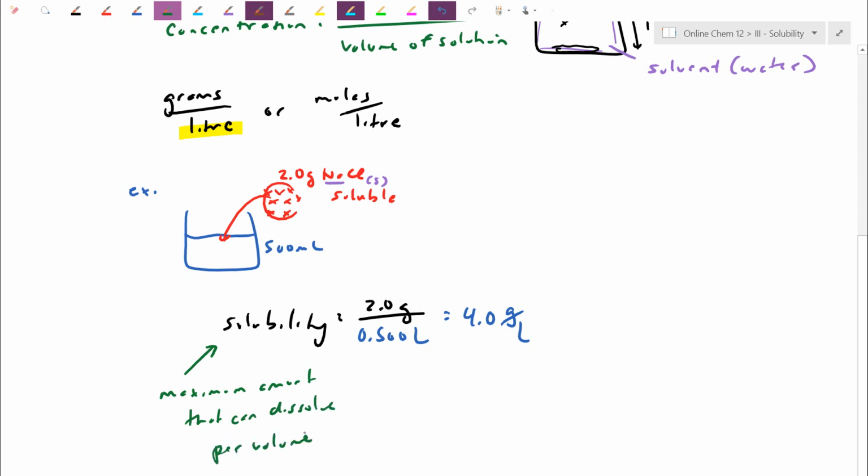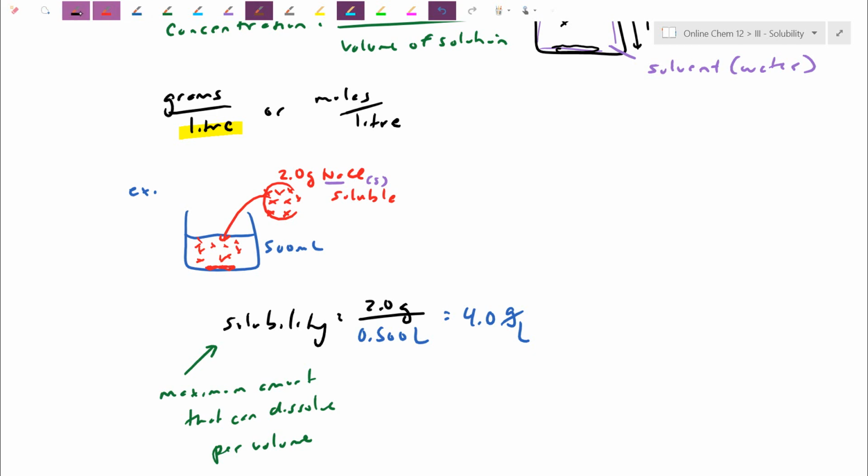So in Chem 11, you had this notion here. Well, you drop in a little bit, it dissolves, no problem. You drop in a little bit more, it dissolves, no problem. You keep dropping in and keep dropping in until the first instant when you start realizing, oh, the powder actually doesn't dissolve anymore. At that point, you've hit the maximum. We're going to refer to that as also saturation. That's actually what this solubility tells you.